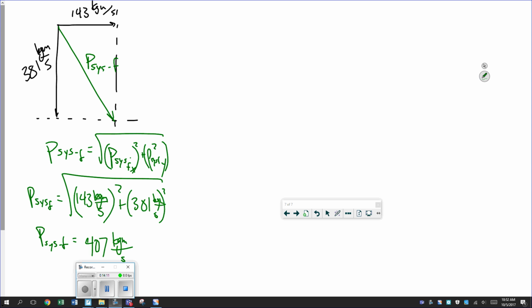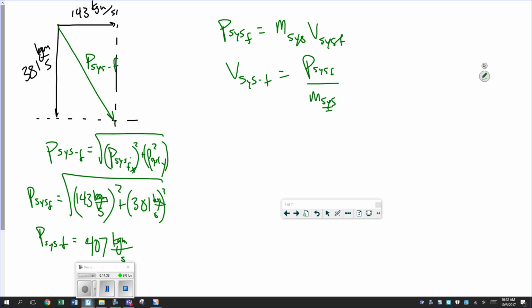I had to move to a new page here, but here's what we have now. This is the system's final momentum, but we want the system's final velocity. So all we do is say P system final is M system times V system final. So V system final is P system final over M system.